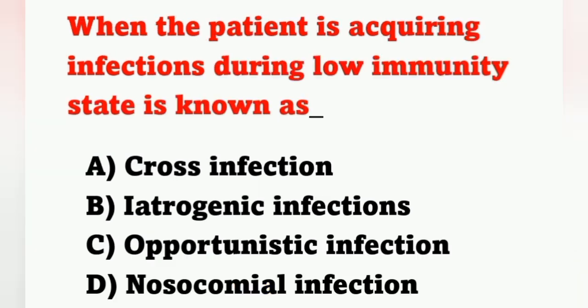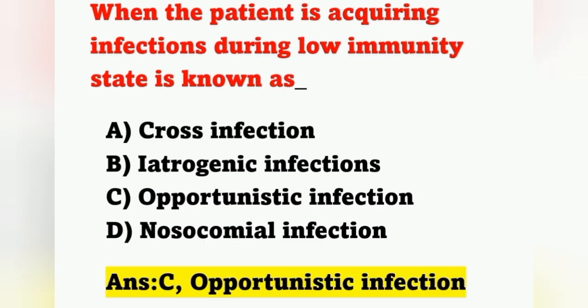And the next question. When the patient acquires infections during a low immunity state, it is known as? Option A cross infection, option B iatrogenic infections, option C opportunistic infections, option D nosocomial infections. And the correct answer is opportunistic infections.